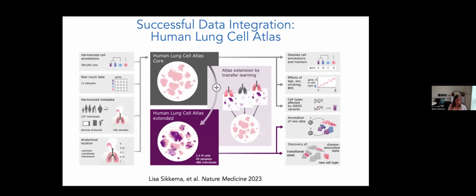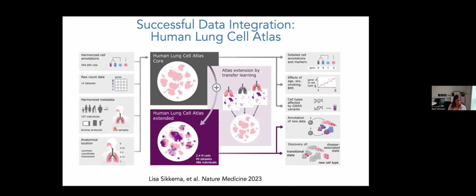And the first poster child for this was the Human Lung Cell Atlas. Here, just to give you an idea, we had 500,000 cells from 14 different data sets, 107 individuals. Many different protocols were used for generating the single cell data.